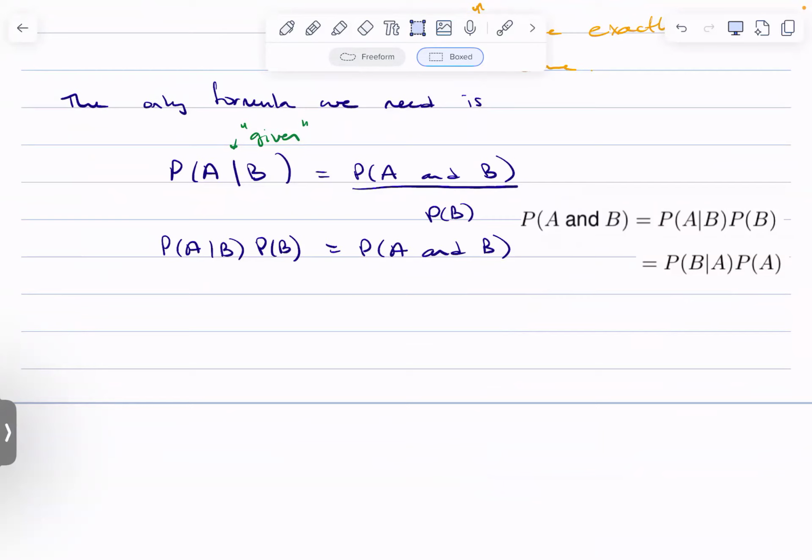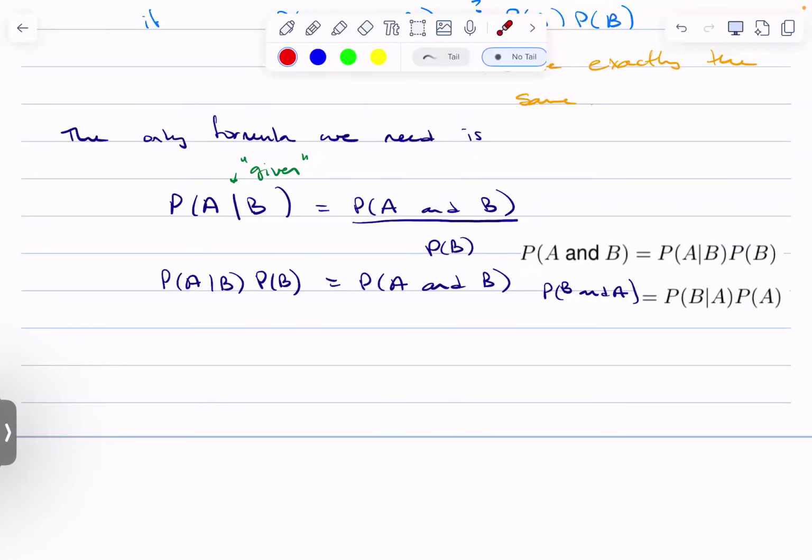What happens is the probability of B and A is the probability of B given A times the probability of A. The only one you really need, because A and B are generic placeholders, so the order doesn't really matter.